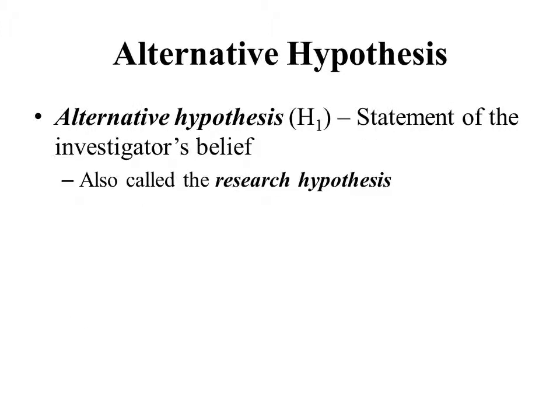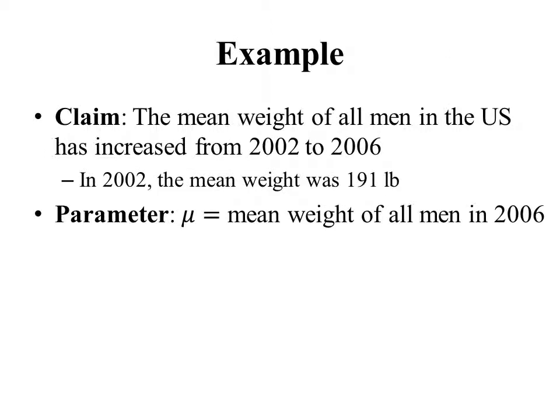Now, our second type of hypothesis is what we call the alternative hypothesis, denoted with the symbol H1. We could think of this as a statement of the investigator's belief. The alternative hypothesis is also called the research hypothesis. Okay. So again, going back to our example, here's our claim that the mean weight has increased.